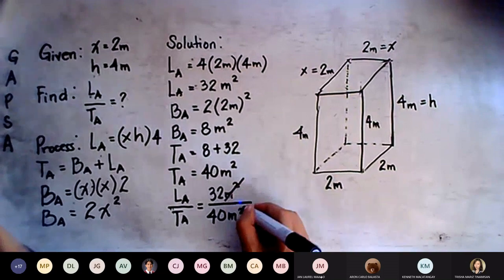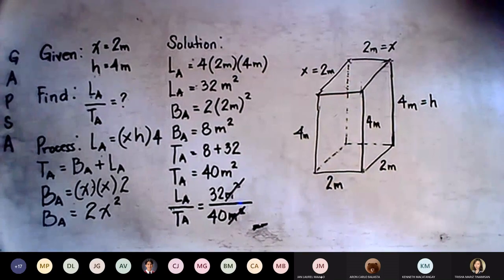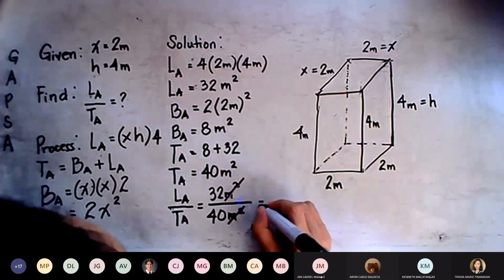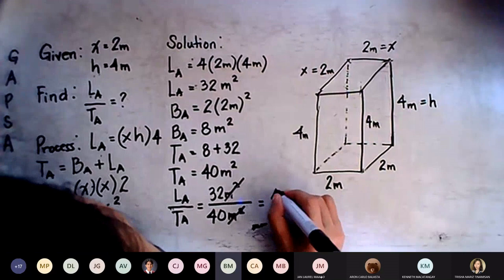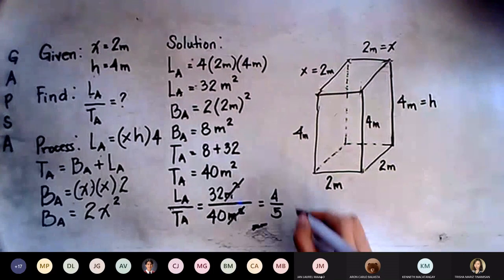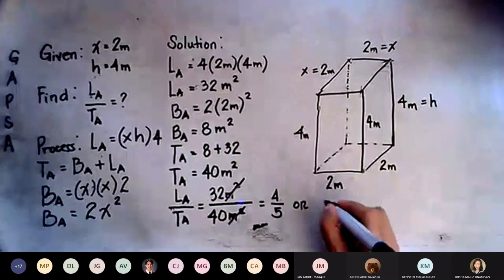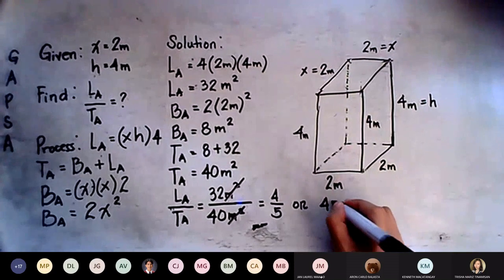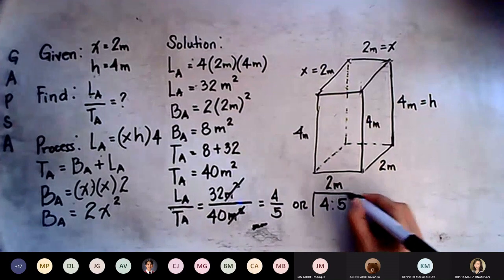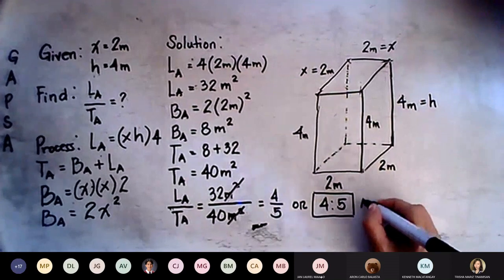We can cancel this out, and our answer will be 4 over 5. You simplify the fraction, or you can say 4 is to 5. So this will be our answer.